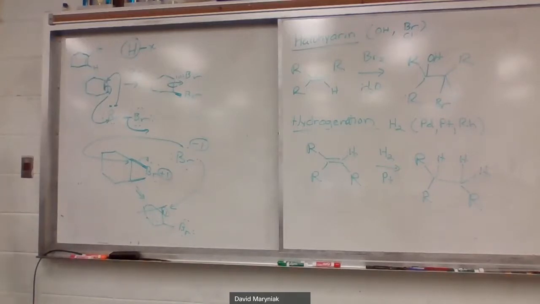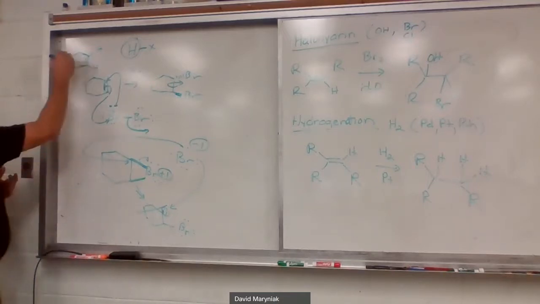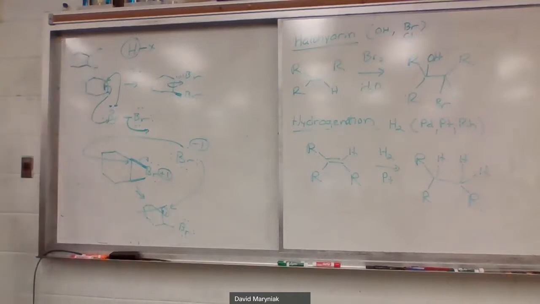But technically, why do I say this group is the same as that group? Because if you march this way, are they identical? So then it's technically really not cis or trans. If we were to put one chlorine there, now is it cis or trans? Cis, because now the similar groups go in the same direction.